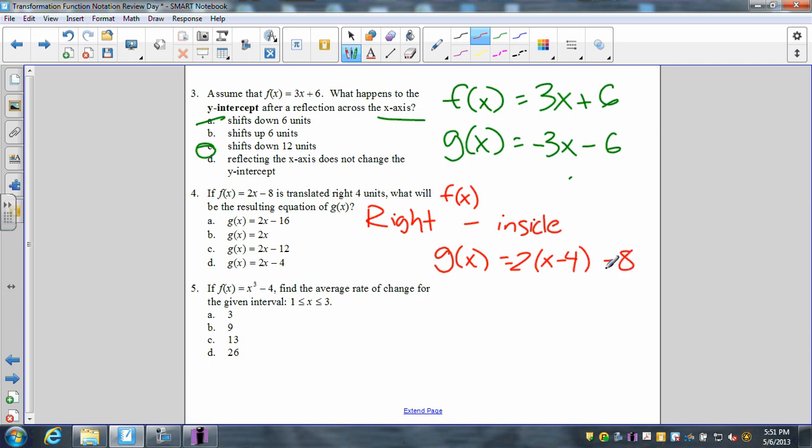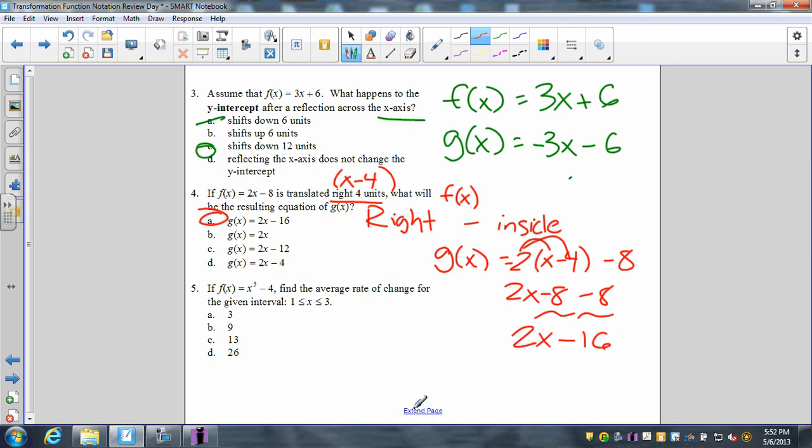Right 4 units means x minus 4. Can I use the distributive property? I see 2x minus 8 minus 8. Can I combine like terms? Be careful, guys. Negative 8 minus 8 have the same signs, so you add them and keep the negative sign. So 2x minus 16, A is the correct answer to number 4.